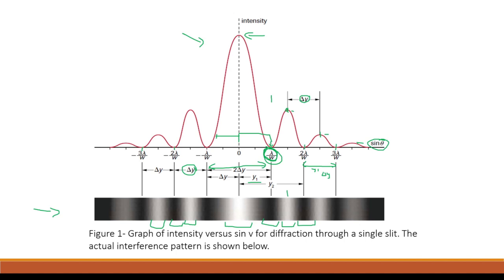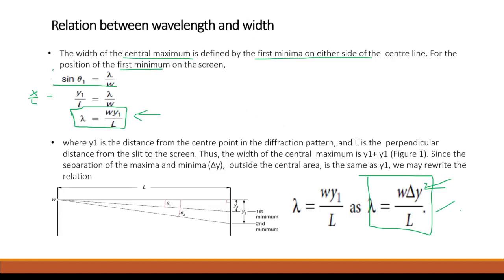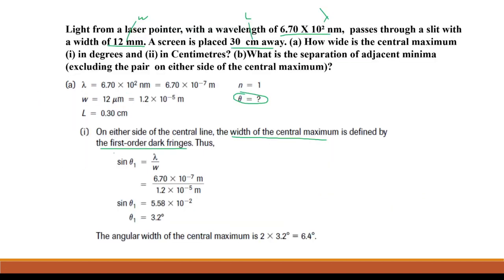So how do we do this? Based on this graph, we have a sine theta value. The endpoint is at lambda over w, which we saw here. So if we take that formula and plug in our known lambda and width, converted to the same unit, we then get 5.58 times 10 to the negative 2.